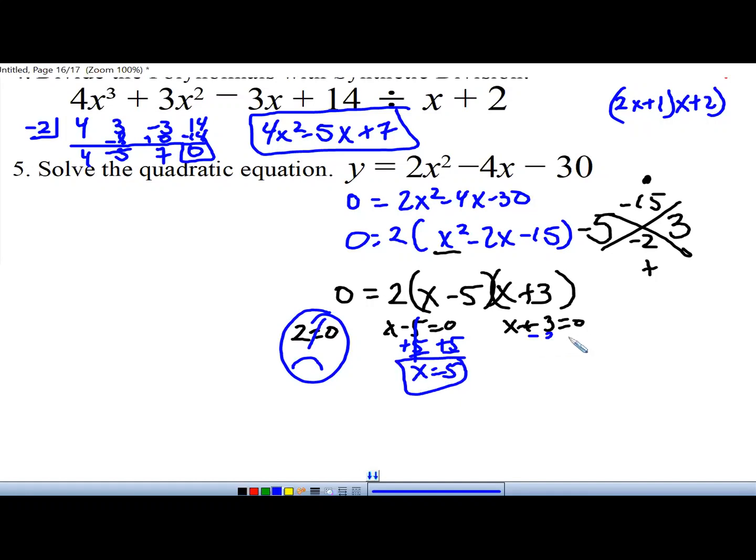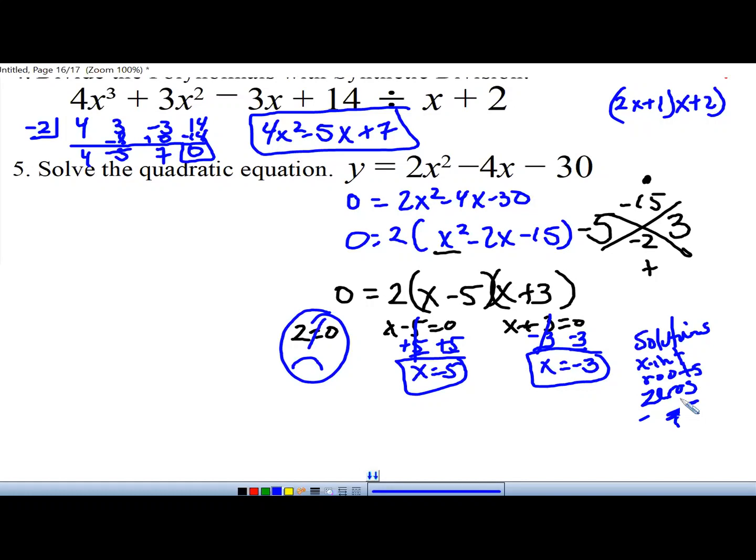This one, minus 3, x equals negative 3. And those are my solutions, also known as x-intercepts, also known as what? Roots, or also known as zeros. And today we're going to elaborate more on that. So make sure you have those down in your noodle, okay?